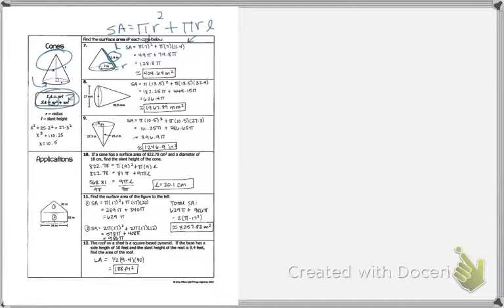Past this, you can just go straight to calculator, or you can simplify, and then continue to simplify, and then use the calculator. I suggest you stick to 3.14.